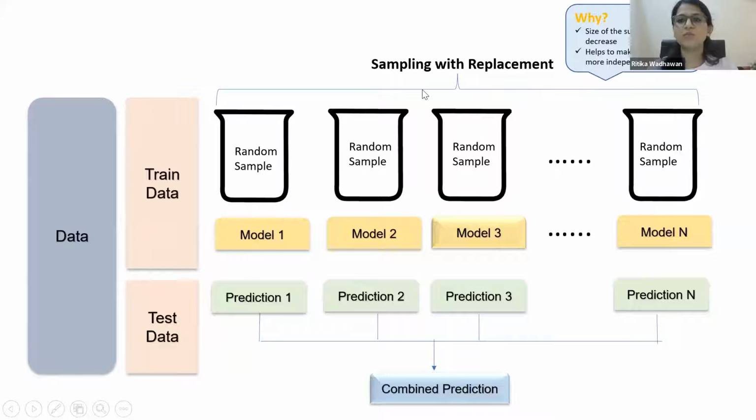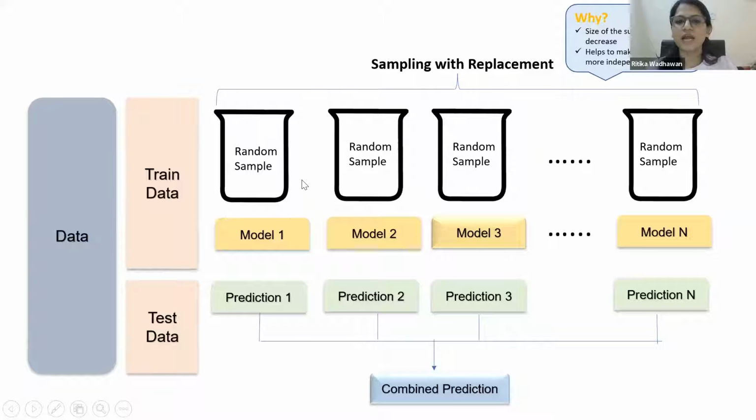So number one, we do not want the size of the data set to decrease. Number two, it helps to make base models independent. As I said, when you sample with replacement, the samples that are generated are independent of each other. Each of these samples would be independent of each other, which would make them more diverse, hence making the models independent of each other as well.